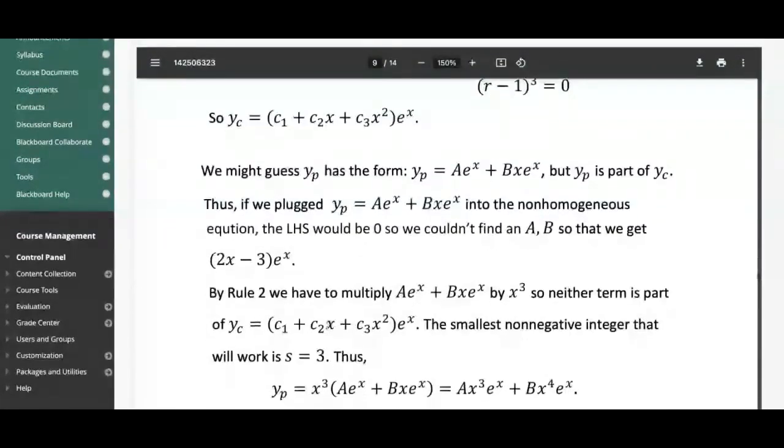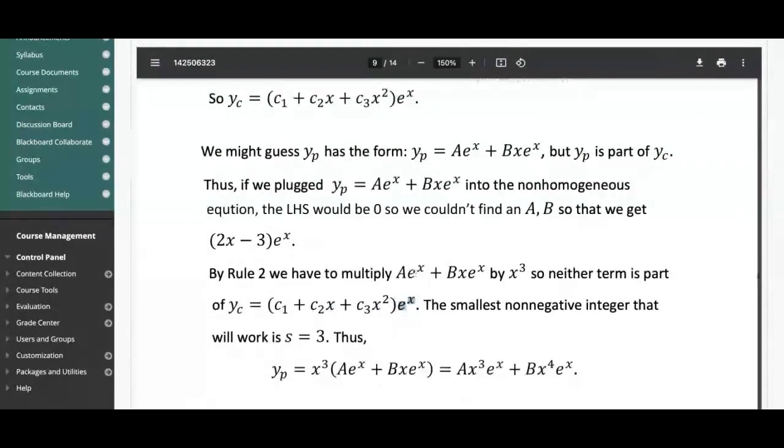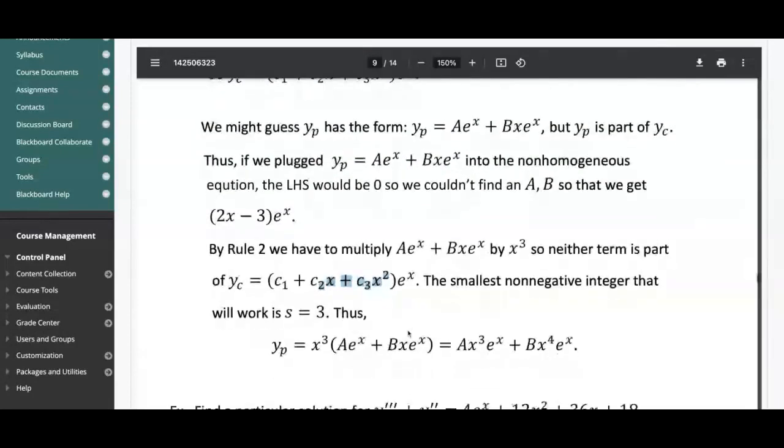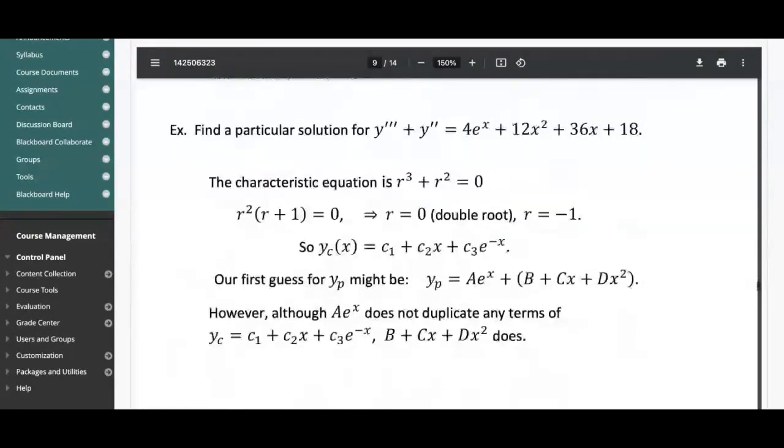For this example, because we see x raised to 1, x squared e to the x, we multiply by x cubed. So it will be different than this, and it won't be part of the complementary solutions. Okay, let's see an example.